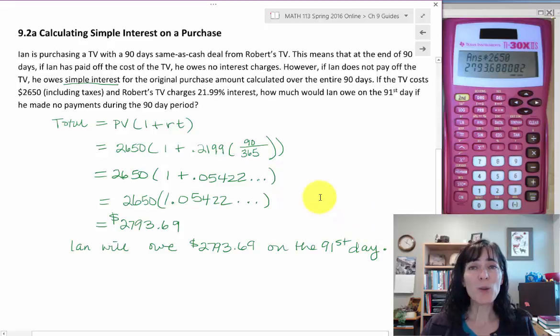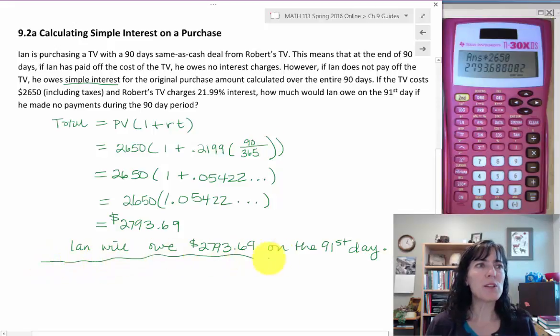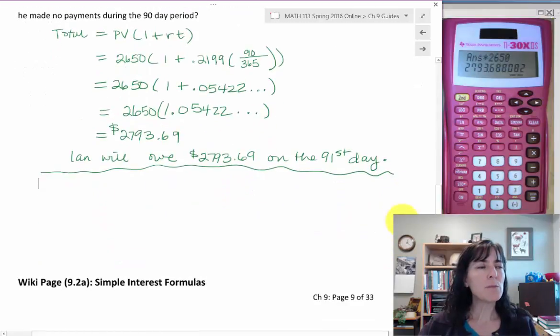Now, there is another way that you can think about this, and that is 90 days is about 3 months, and 3 months is 1/4 of a year. So you can think about it one other way, and I want to show you this because the book does it this way. So if you look in the book, you'll see it done differently, and I don't want you to think she doesn't know what she's talking about.